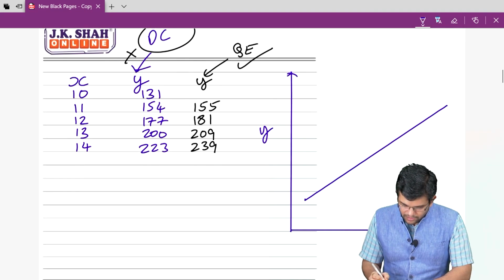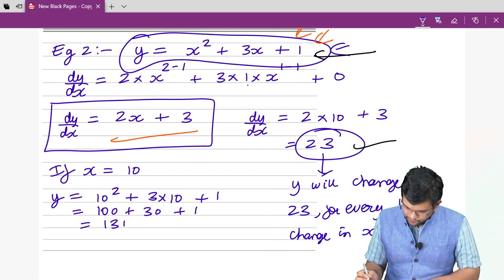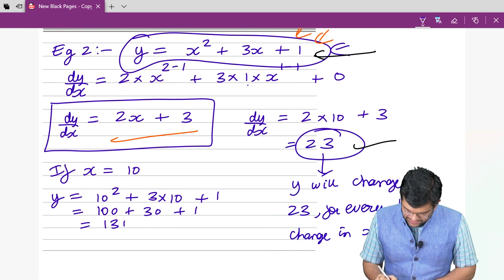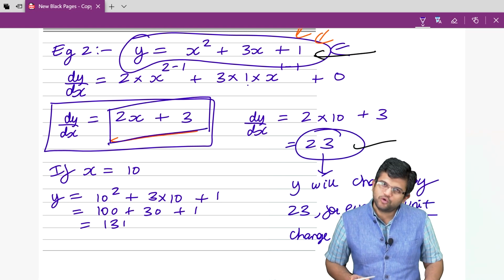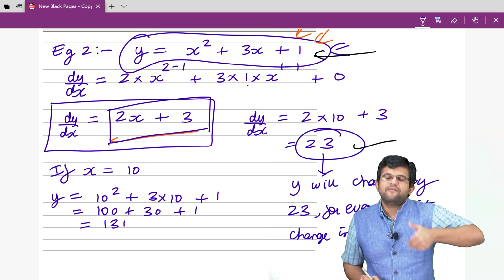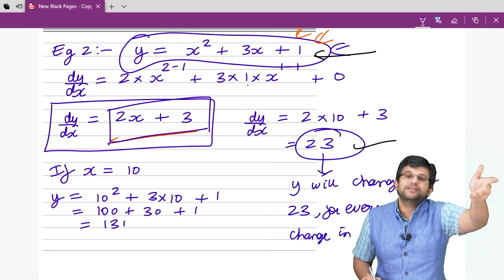Now children, let me show that to you here. See, what was your derivative function, children? Can I say our derivative function was 2x plus 3, correct? Our derivative function was 2x plus 3. That means for every 1 unit change in x, y will change by 2x plus 3. Everybody clear?